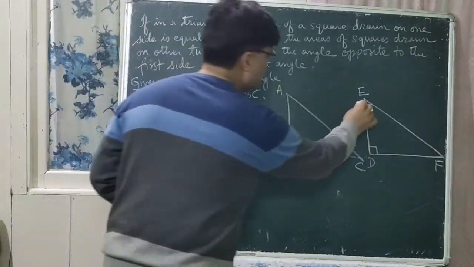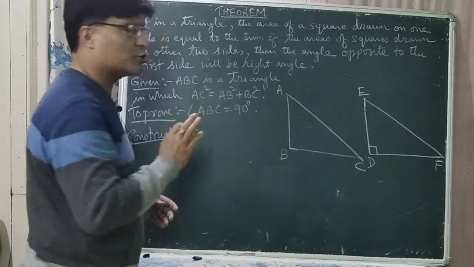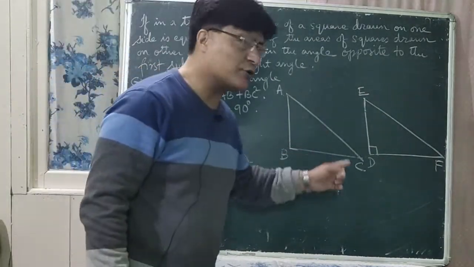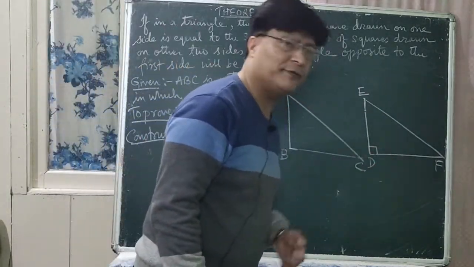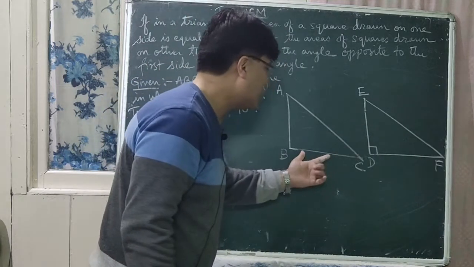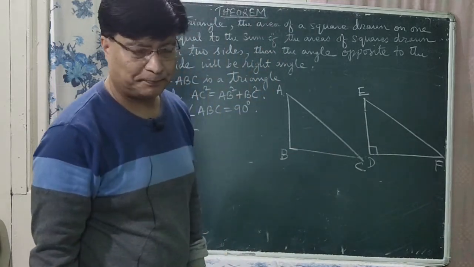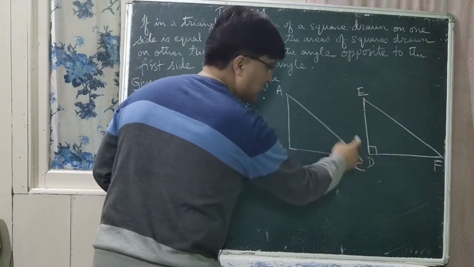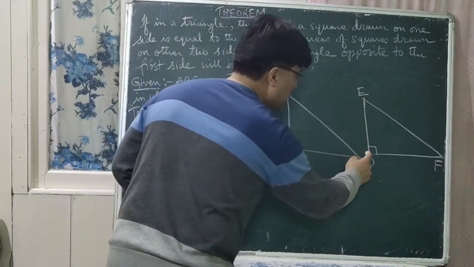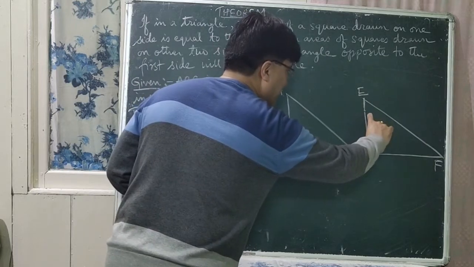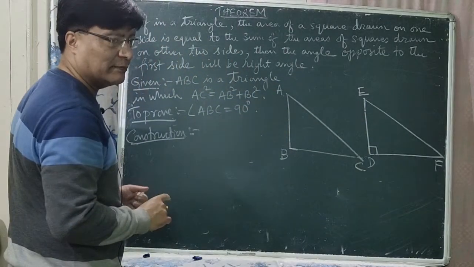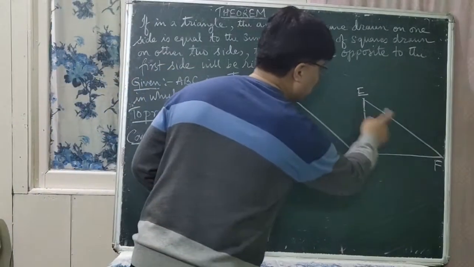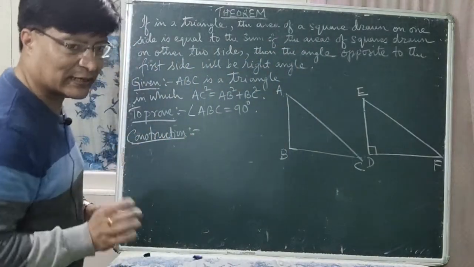Again, look at the blackboard. So what is the construction out here? Let us draw the straight line DF making it equal to this straight line BC. Now let us draw a perpendicular ED which is perpendicular to DF, making ED equal to AB. Then you have to join E, F. Is that clear?